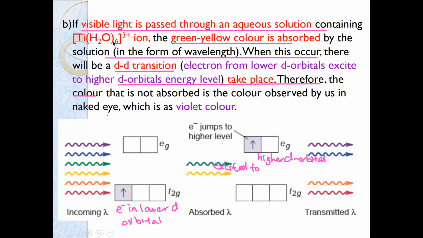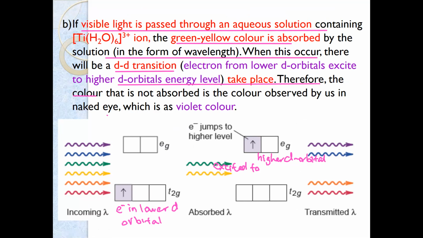So when visible light passes through this aqueous solution, or through the complex, some of the color is absorbed. When this occurs, d-d transition takes place. Therefore, the color that is not absorbed is the color that will be observed with our naked eyes. Okay, so these are the keywords.